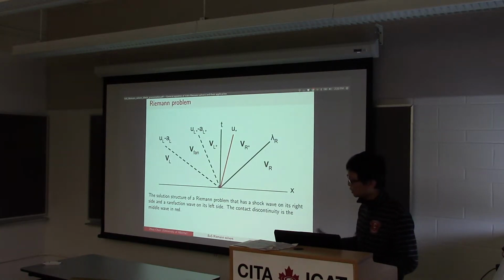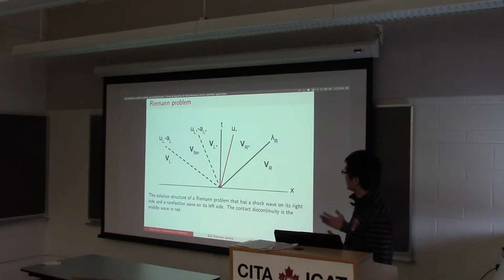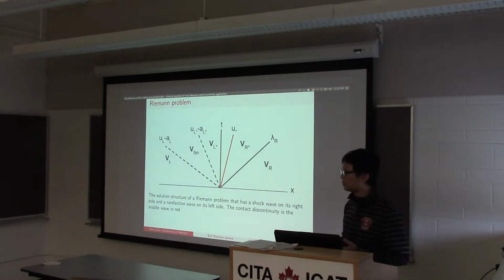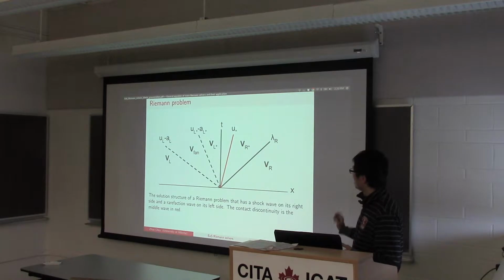Since the Jacobian of the Euler equations in 1D is a 3x3 matrix, we would think that it has three waves. Actually, that's the Riemann solver. The Riemann solver has constituents: one is the middle wave, and the other is the nonlinear wave.